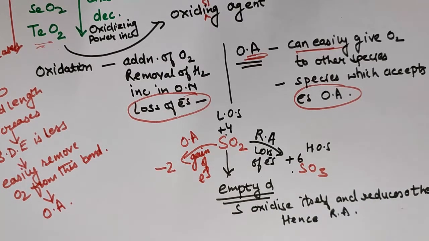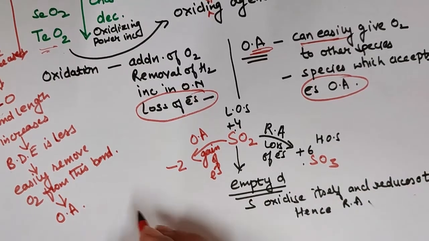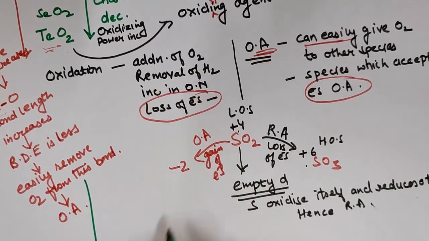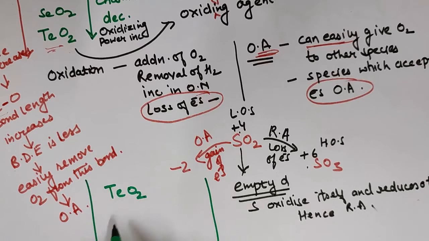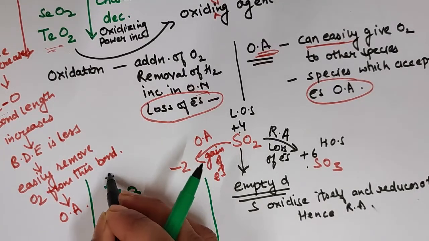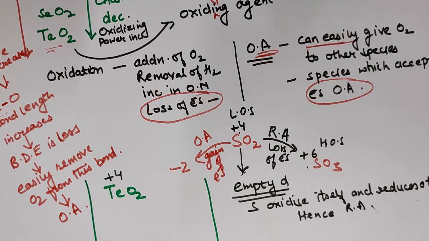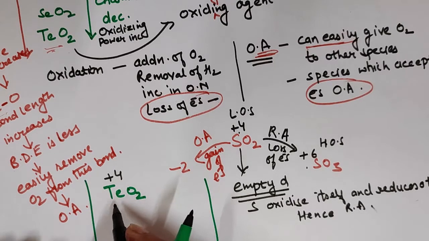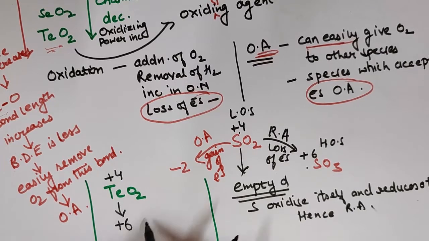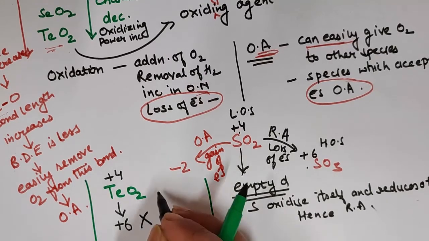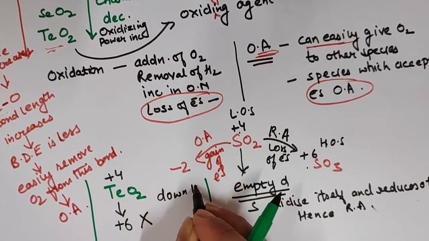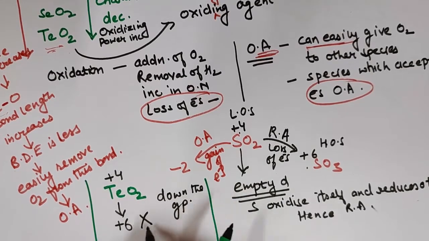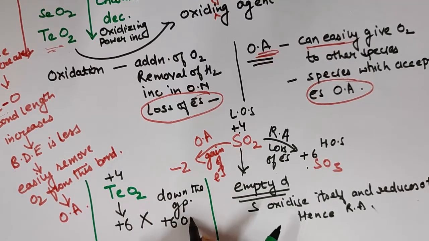In case of TeO2, again the oxidation state is +4. This can't go from +4 to +6 oxidation state, because as we move down the group, the +6 oxidation state is less stable, due to the inert pair effect.